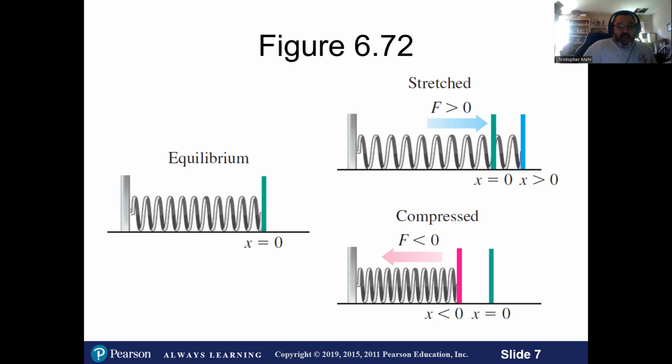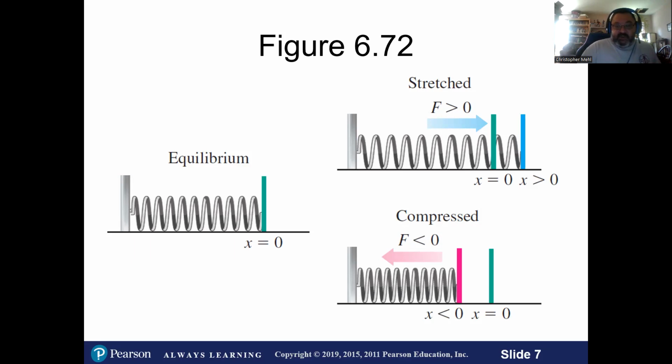Now, if we stretch the spring, pulling it from equilibrium, then the force applied to do that is greater than 0, and we're moving it from x equals 0 to some x greater than 0. The other idea would be compressing the spring, so we're applying a force to squish the spring.